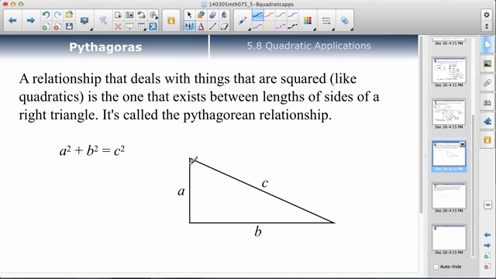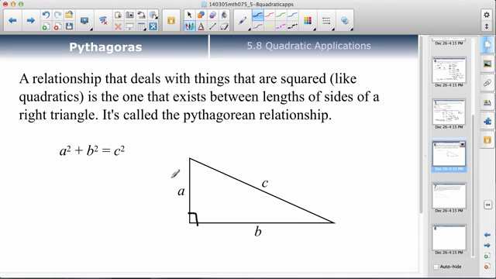The relationship that exists between sides of a right triangle. Right triangle meaning these two here are at 90 degrees, or perpendicular to each other, as we've seen before. And the relationship says if I square this side and square this side and add those together, that will be equal to whatever this side's square is.